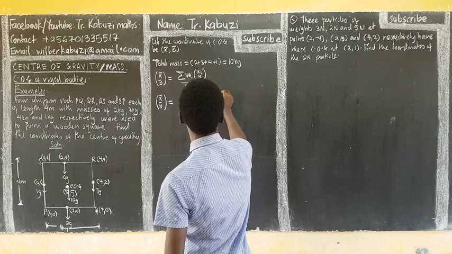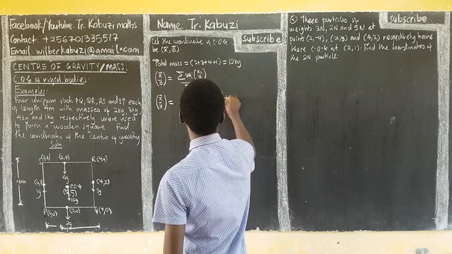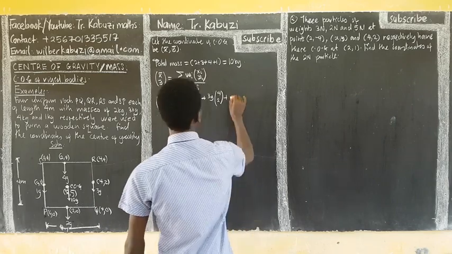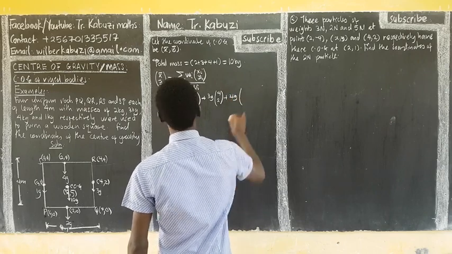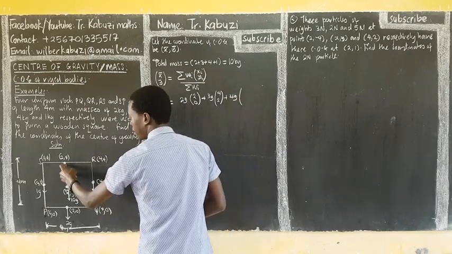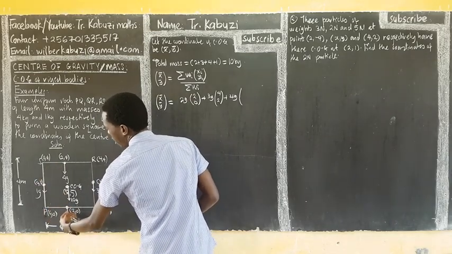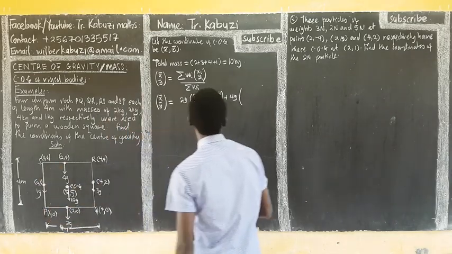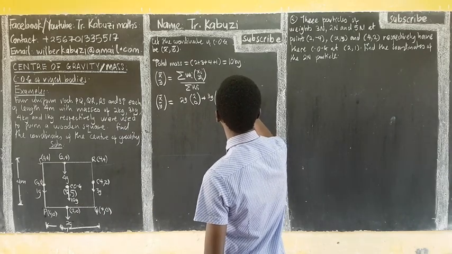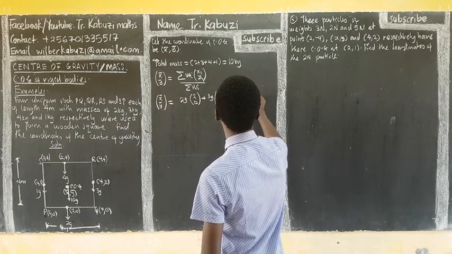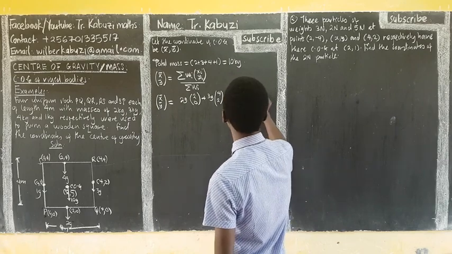Then plus the next is 4g, with coordinate 2, 4, then plus the other one is 1g.